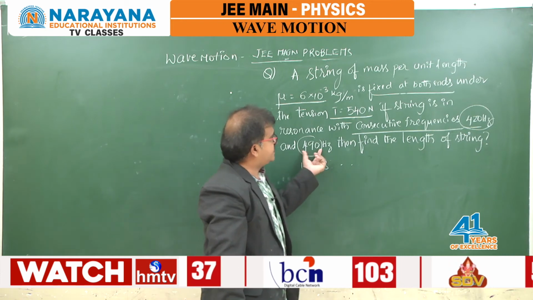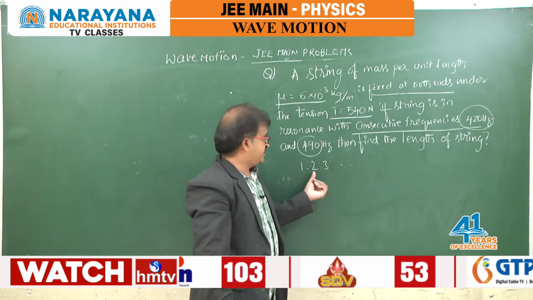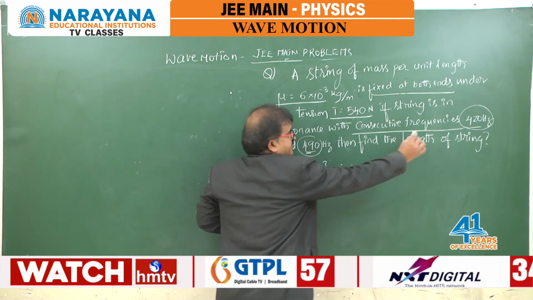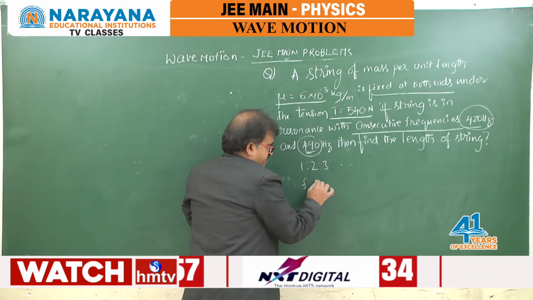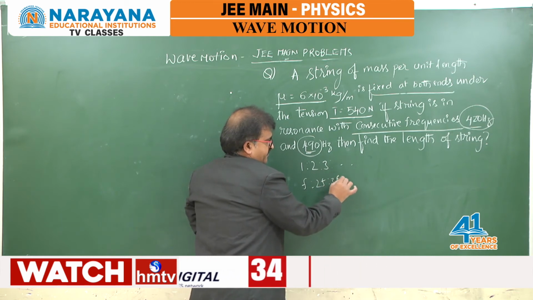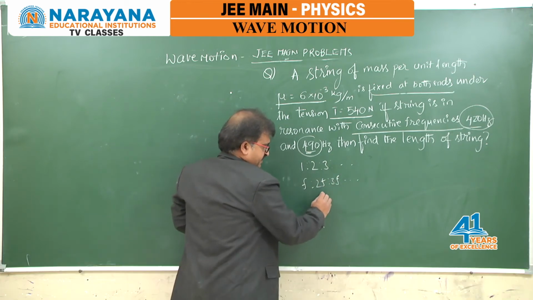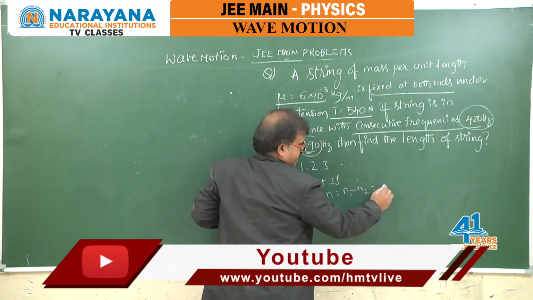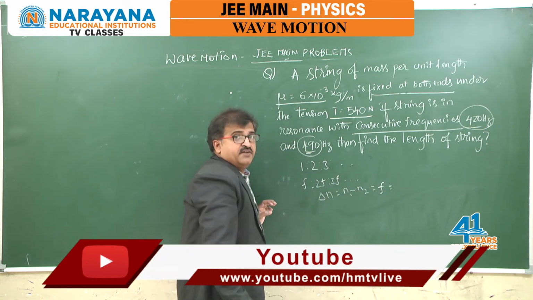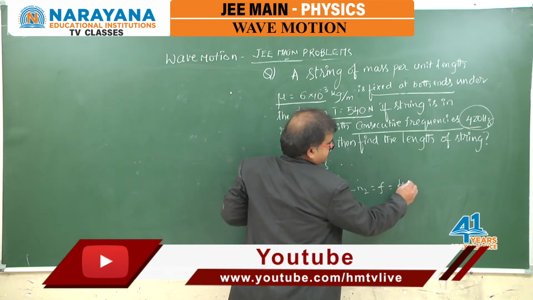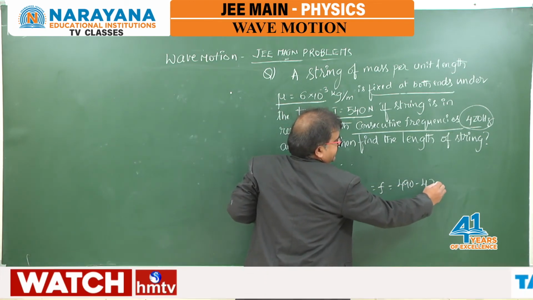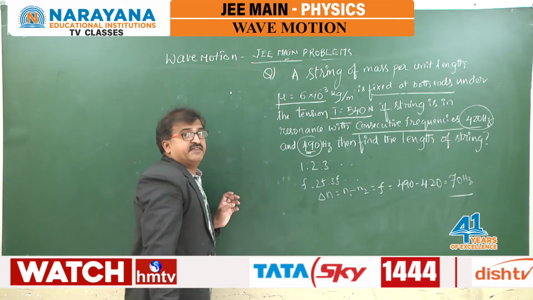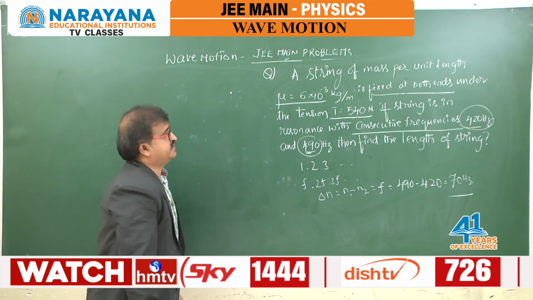So these two will be in a ratio like this, and the difference between any two consecutive frequencies is equal to the fundamental frequency, which is 490 minus 420. This is 70 Hz, the fundamental frequency.